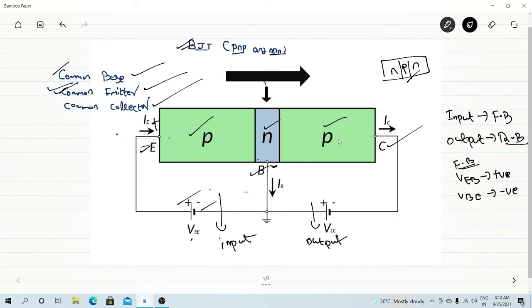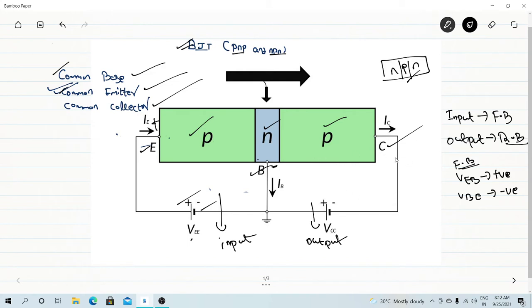And P will be less positive. Less positive corresponds to low potential. Low potential corresponds to the negative terminal. We know a battery has two terminals, positive and negative. The positive terminal always corresponds to high potential, that is more positive, and the negative terminal corresponds to low potential, and that is basically less positive. So this output section is reverse biased.